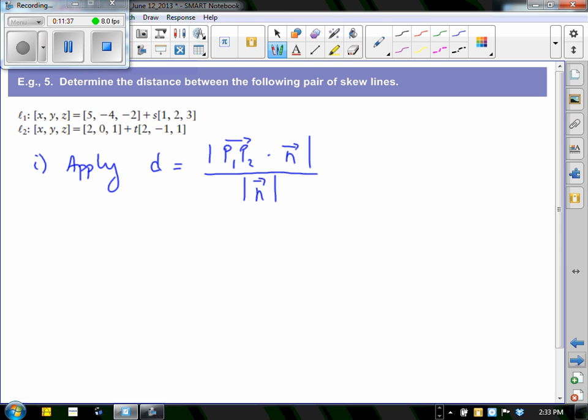Now, n in this case, let's just write a couple additional notes on the topic. So the vector n is what we call a common perpendicular. Now, the common perpendicular occurs between the points on our skew lines that are closest together.